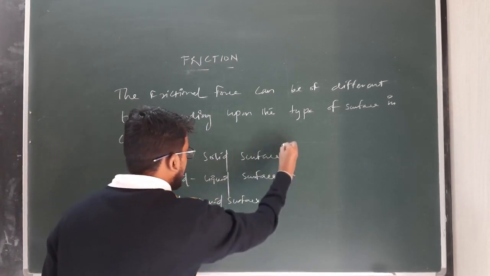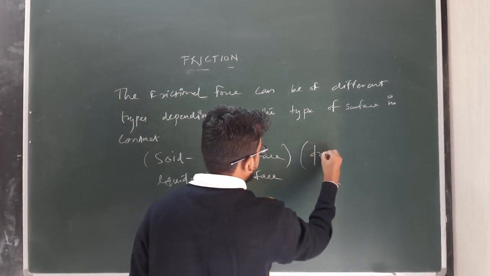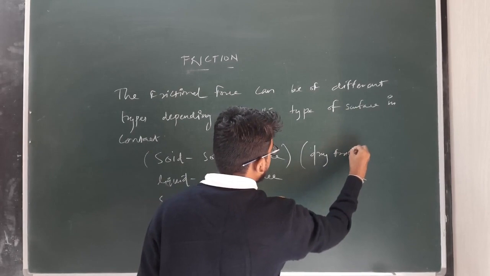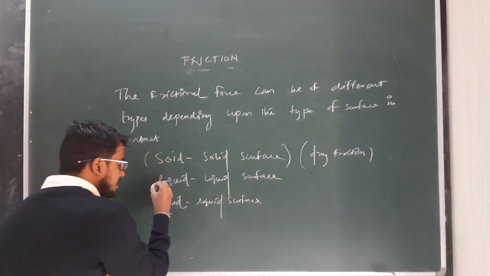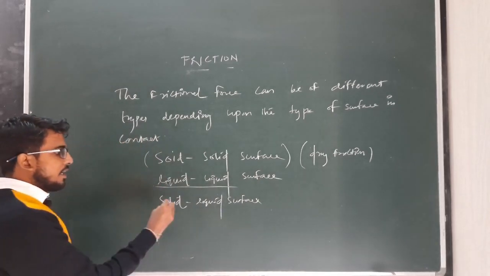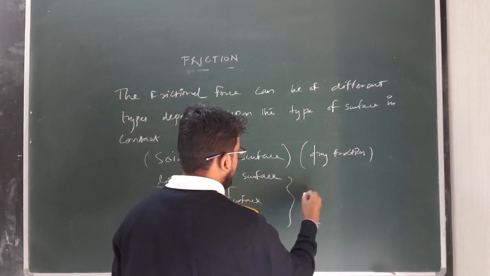Okay, solid surface frictional force is generally known as dry friction. Okay, but when the friction force exists between solid and liquid surface or liquid surface, these are basically known as wet friction.